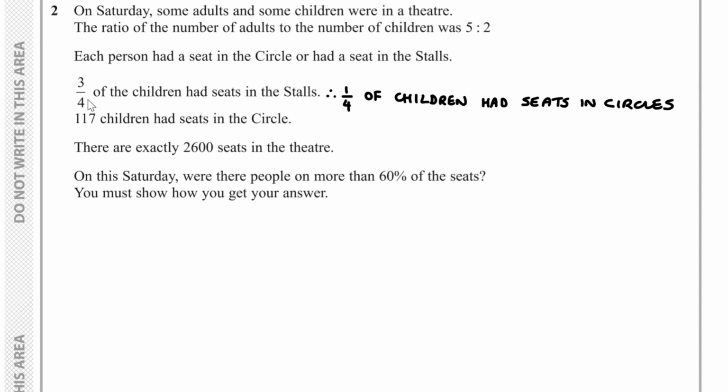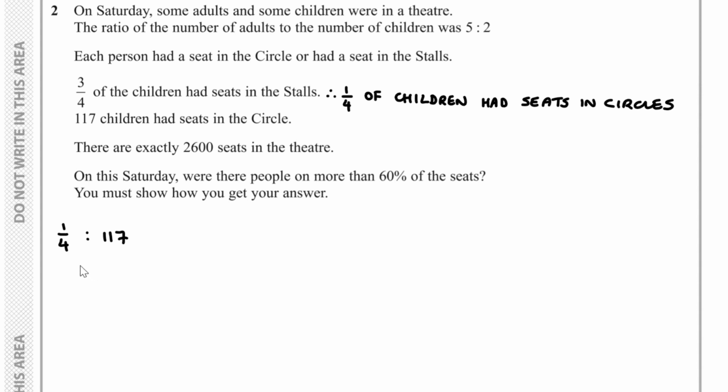So if 3/4 of the children had seats in the stalls, that means that 1/4 of children had seats in the circle. And 1/4 would represent 117 children.